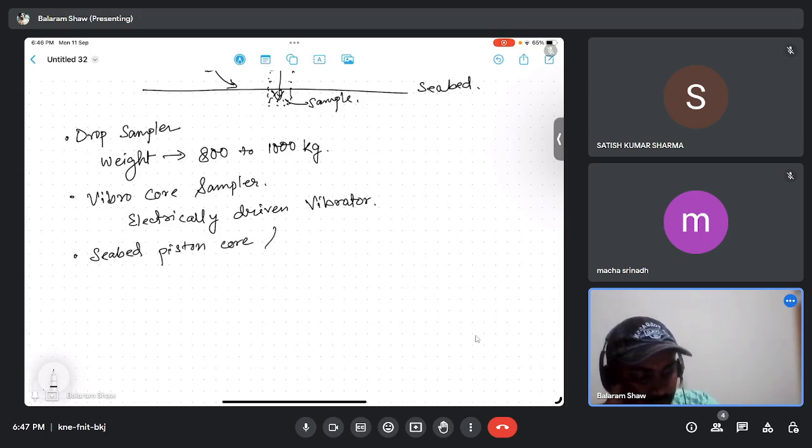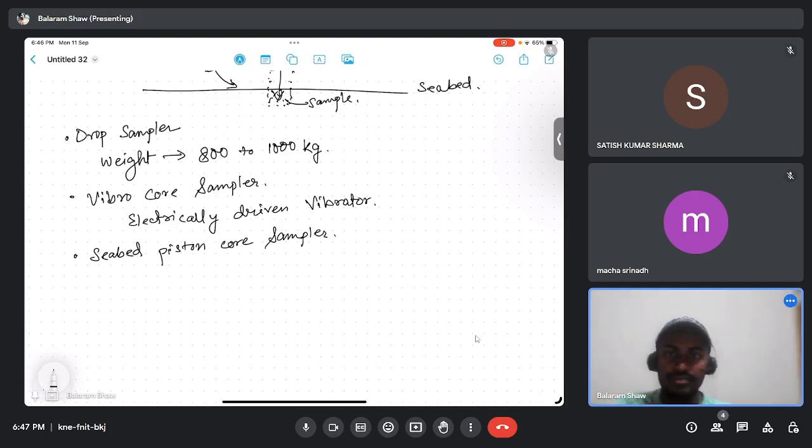sampler. Okay, in this there will be one piston assembly. Okay, we have one picture here.